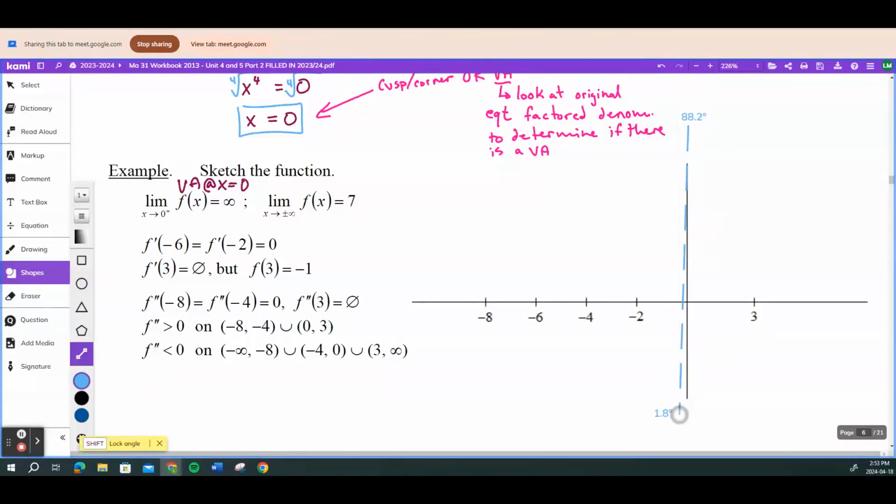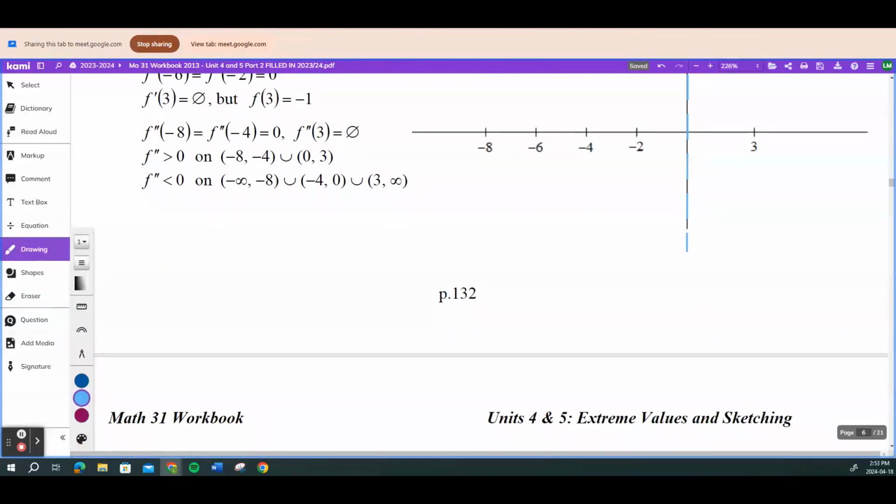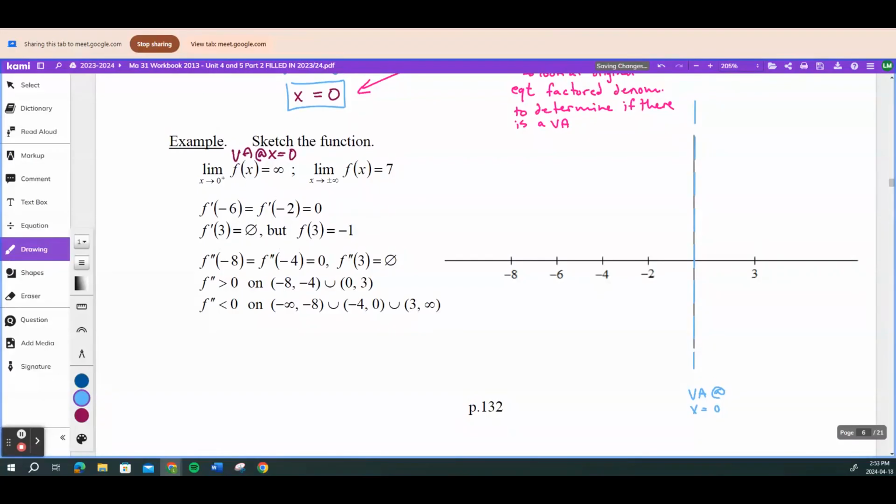I'll just draw my vertical asymptote, vertical asymptote at x is equal to 0. Okay, and then I'll just make a little sketch right here, just to remind myself when I'm putting everything together. So like that, and I might have to clean that up in a little bit.